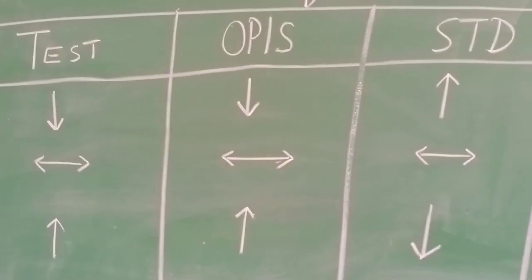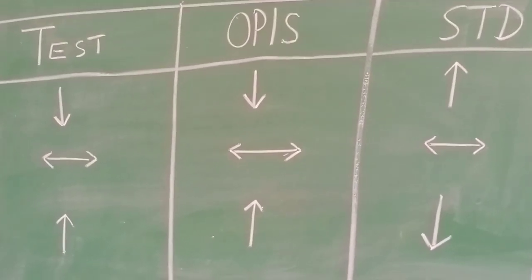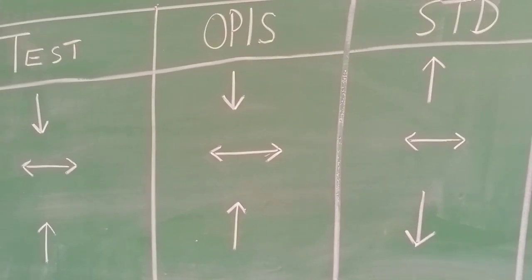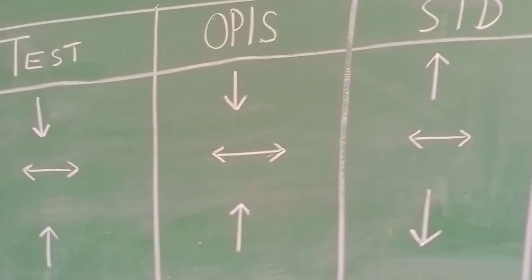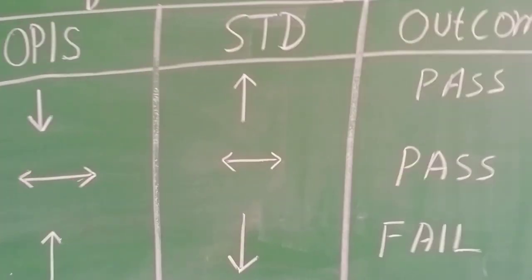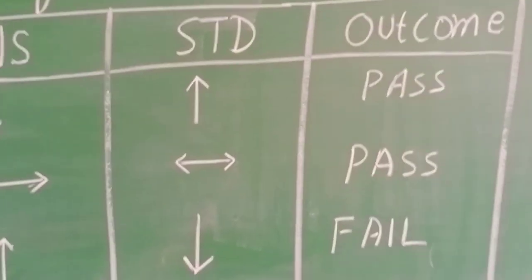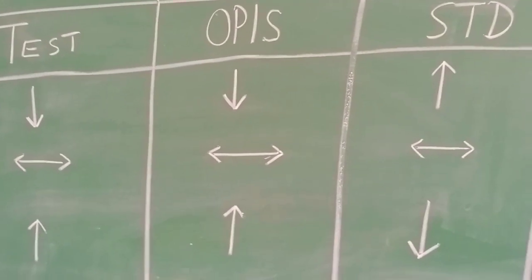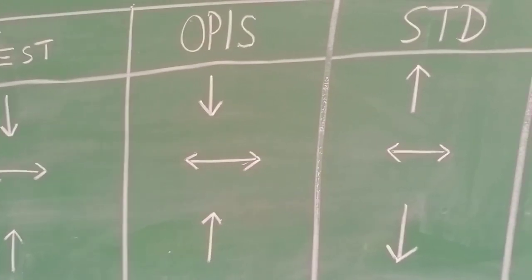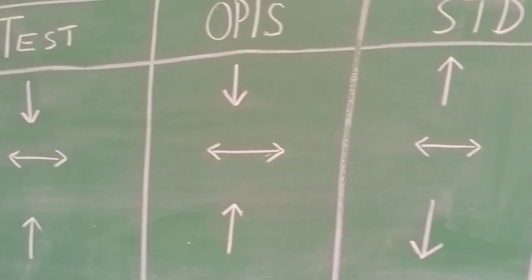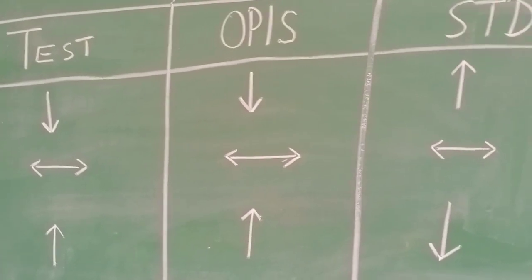So this means the opalescence produced by the test sample is similar or the same as that produced by the standard sample, and here also our final outcome is a pass. That is, our sample passes the limit test of chloride as it has comparatively similar opalescence as produced by the standard solution.